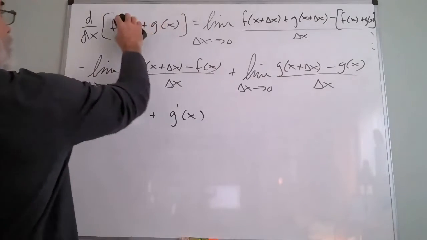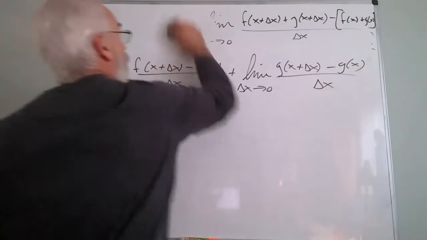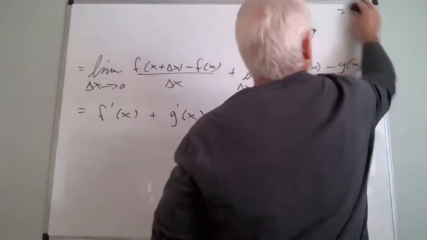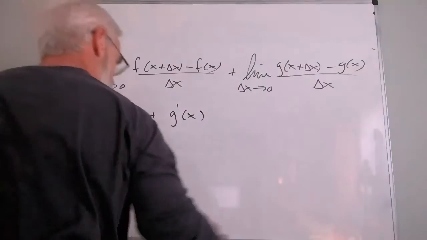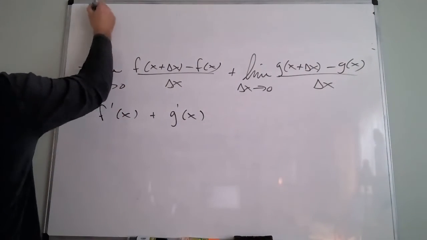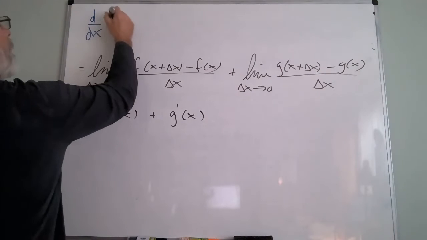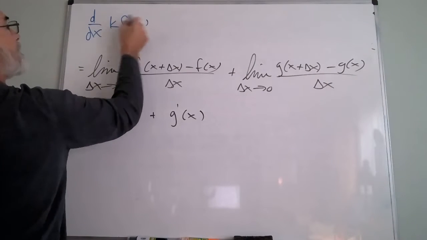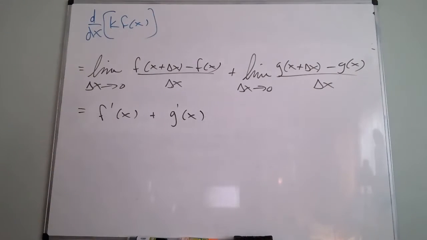Okay. Now, second rule, and the only other absolute rule that I'm going to go over today: what if I want to do the derivative of k times f of x, k being any constant?